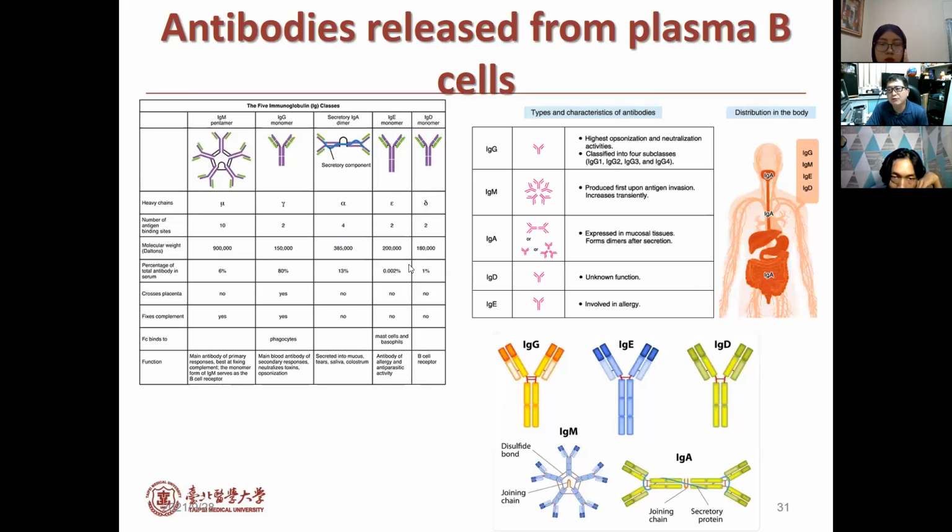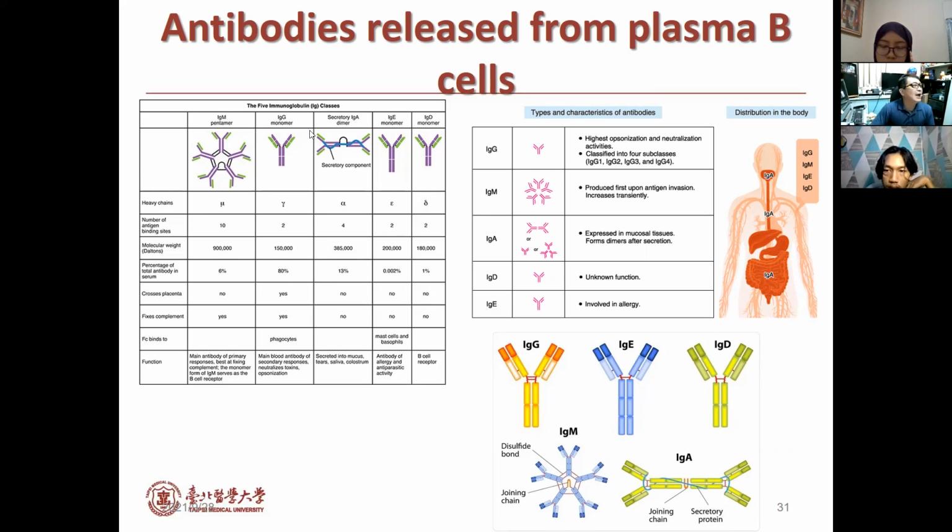How many isoforms of immunoglobulin are here? IgG, IgE, IgD, these three have very similar structure, like a letter Y. IgM is a pentamer, which contains five IgG linked together through this linkage.